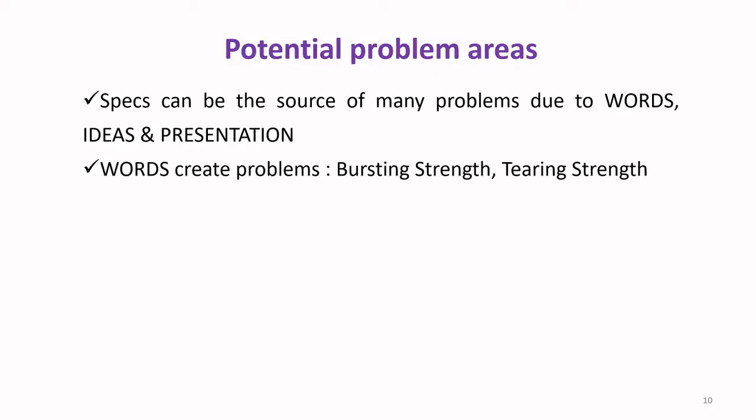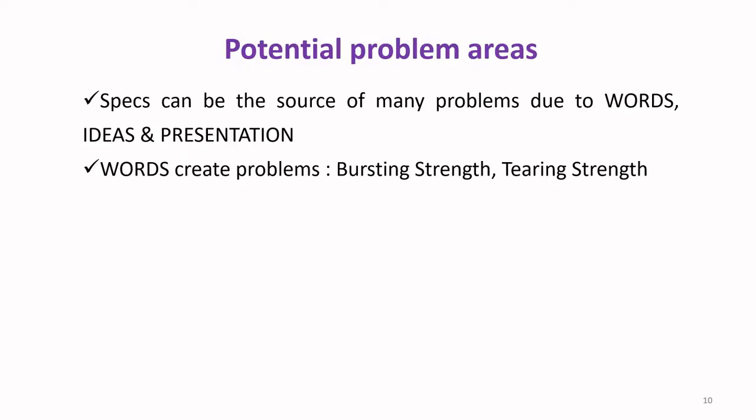Words create problems. Now, when you say bursting strength or tearing strength, a lot of people who are not experts of this area might think they mean the same, although both are absolutely different. Bursting strength is mostly used for knitted garments, knitted fabric. Tearing strength is mostly used for woven garments.